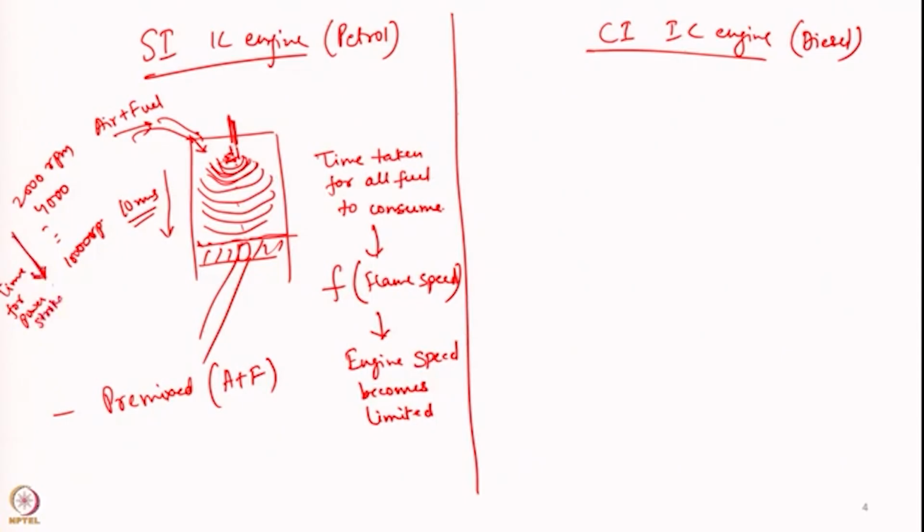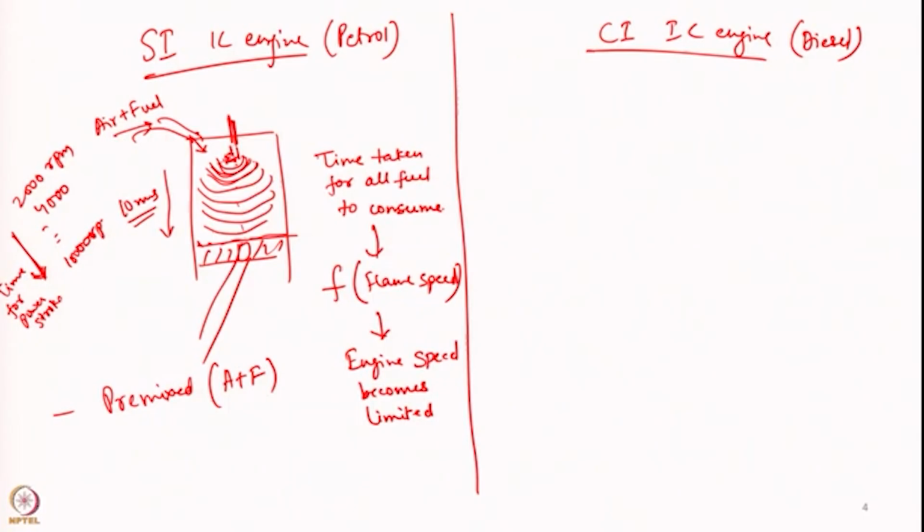reduces, meaning you are running the engine very fast, all the 4 strokes are happening in a very rapid manner. So, as you increase the engine speed, or if you are driving a car or a bike, you give accelerator, you will see that the engine RPM is going up.